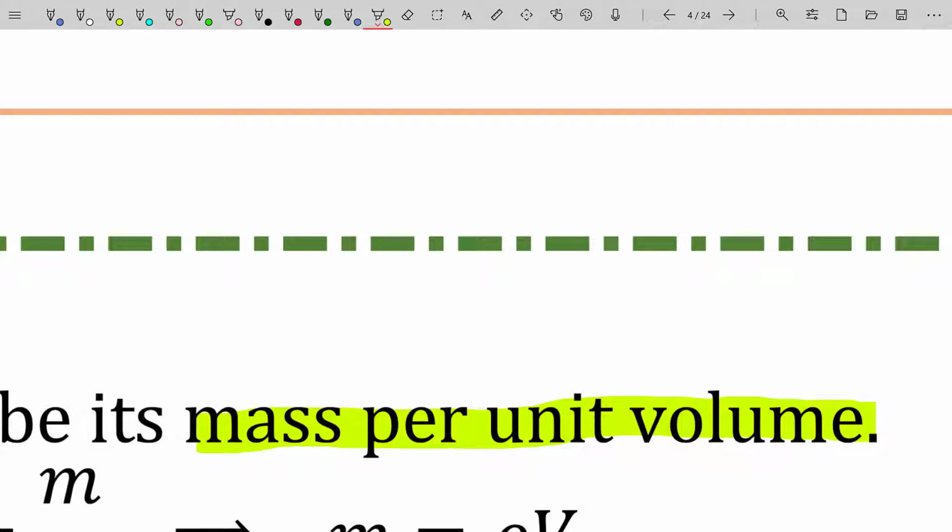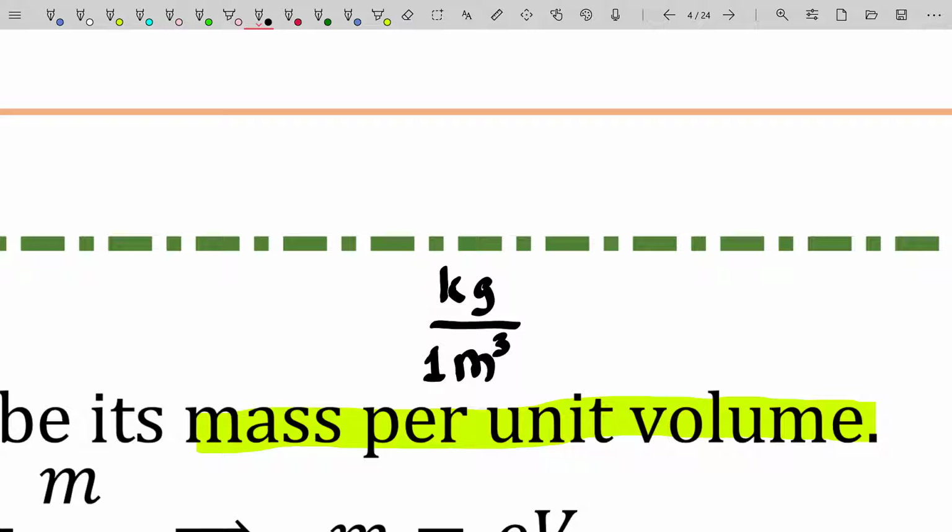In the SI or metric system, mass is kilograms and a volume is a three-dimensional distance, measured in meters. So kilograms per meter cubed: one kilogram per cubic meter.